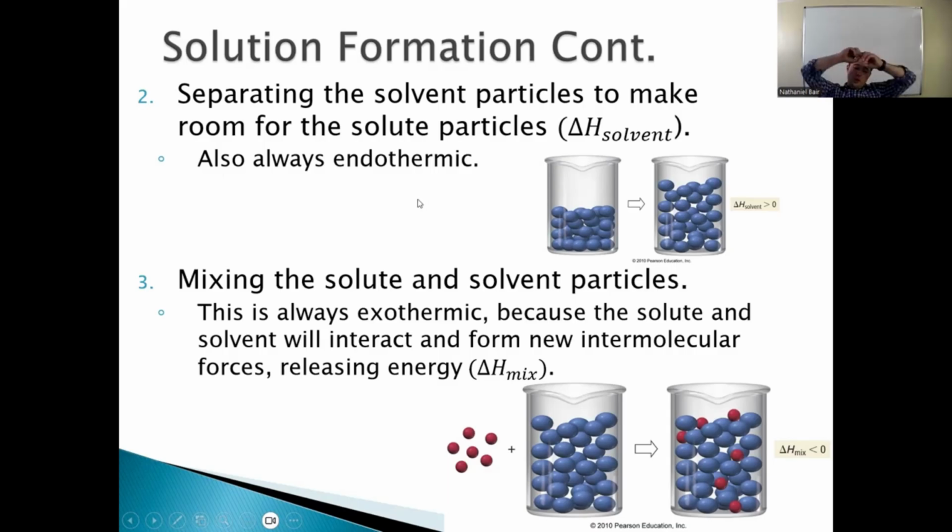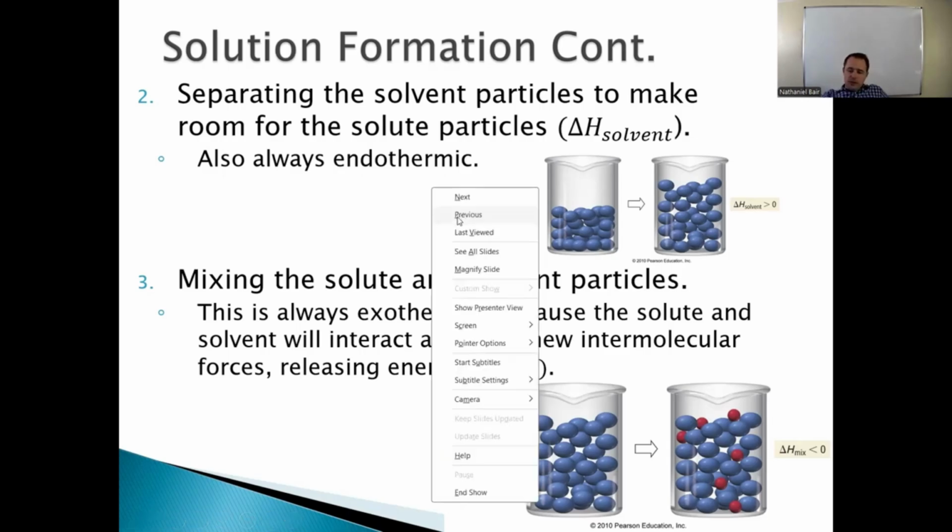So we have to break the solute apart. Then we have to cause the solvent particles to move to make room for the solute. That's going to take energy. But when the solute and solvent mix and form new interactions, we call that the enthalpy of mixing. That's going to release energy. So the first two steps of this three-step process take energy.